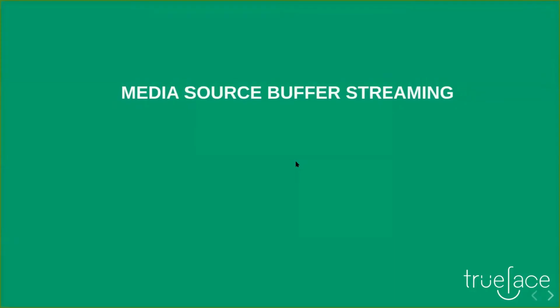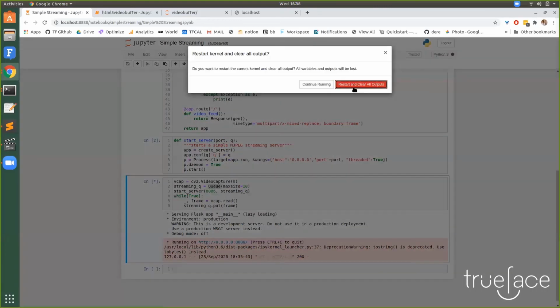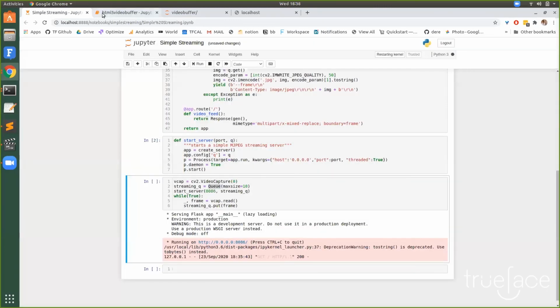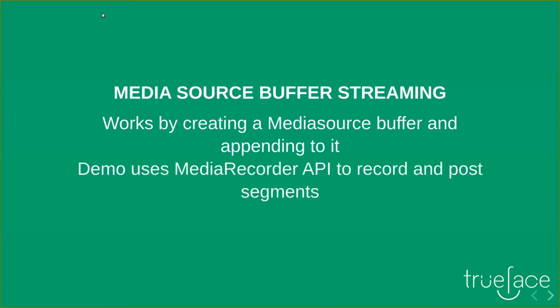The second technique is to use the HTML5 media source buffer. This one works by creating a media source buffer, which is part of the HTML5 API, and then processing video and appending the resulting video to it. The demo I'm about to show you also uses the MediaRecorder API to record, segment, and post video.